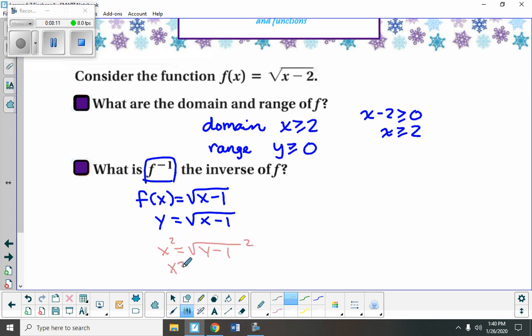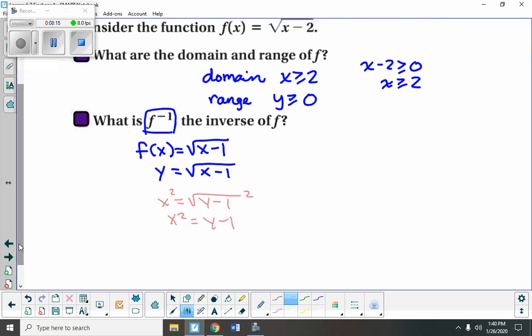So x squared equals y minus 1. Now we solve for y. So y equals x squared plus 1. This is your inverse, which using the symbol, we could say that that is equal to this, the inverse function right here. So you just put the little -1 right there. So this is the inverse function.